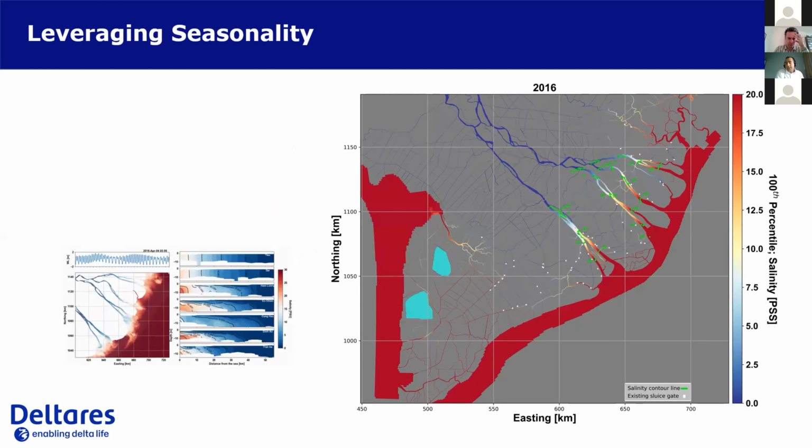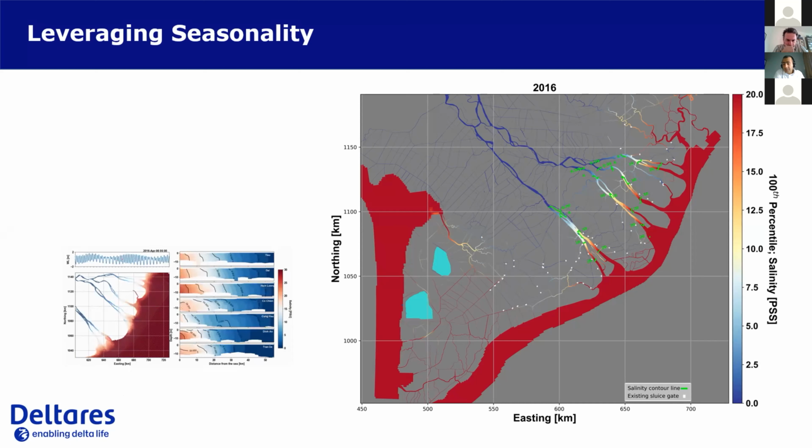If we look at, for instance, what happened in 2016, and we can use models and also observations to back that, if this was the maximum salt intrusion, we see that Kanto City nearly experienced salinity during 2016. But this was the absolute maximum.